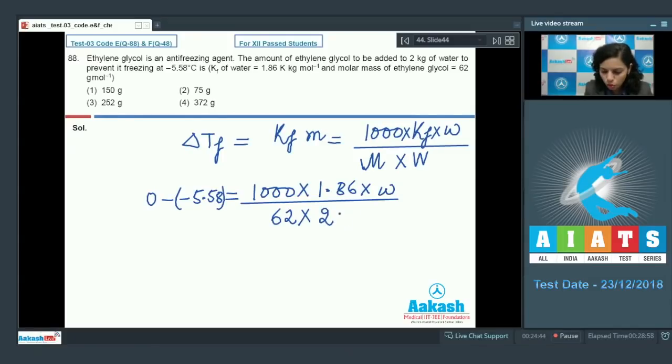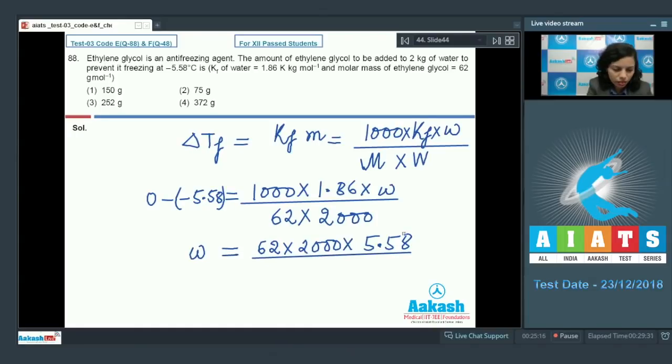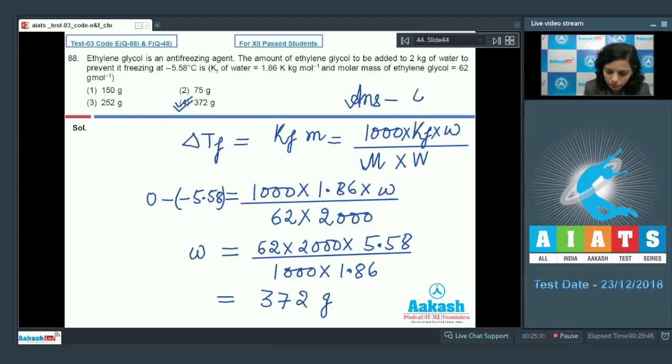So we have to take 2000 here in grams. Now we need to find out the value of W. This W will be equal to 62 into 2000 into 5.58 divided by 1000 into 1.86, and on solving this you will find this value is 372 gram, and this value is given in option 4. That's why it's the correct answer.